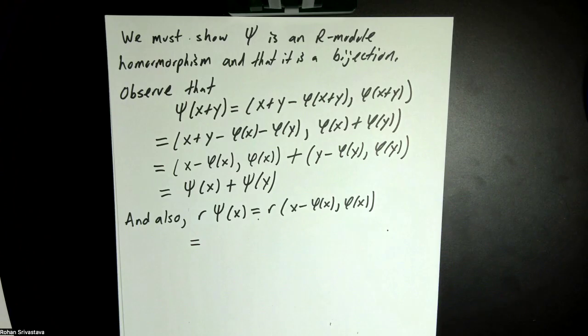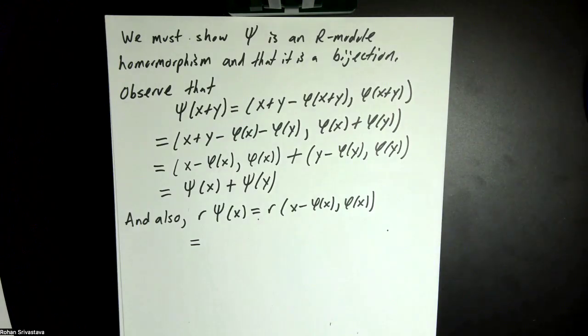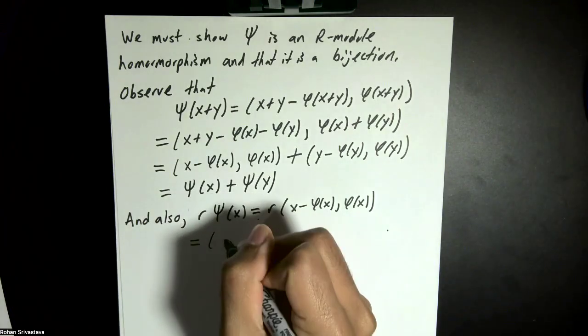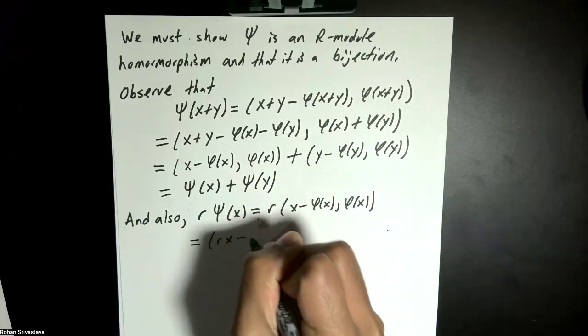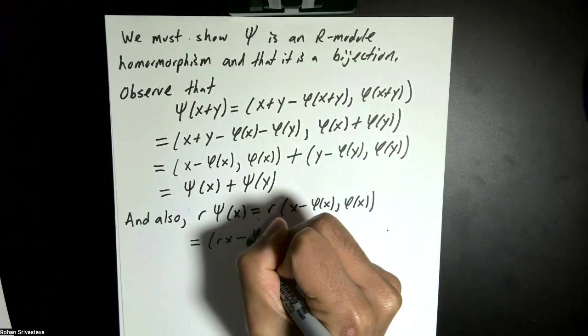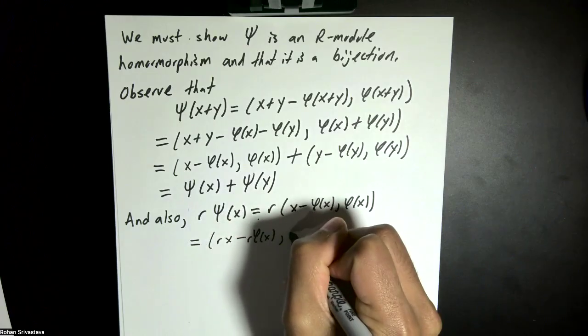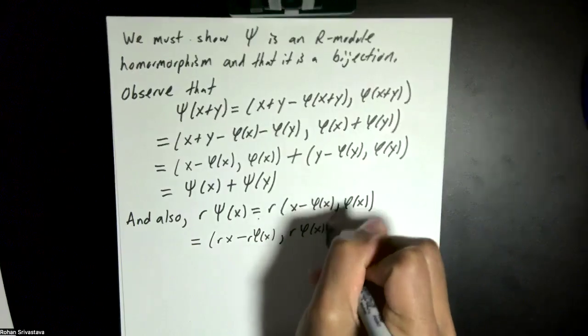And just by the module axioms, that will be rx minus r phi of x, comma r phi of x.